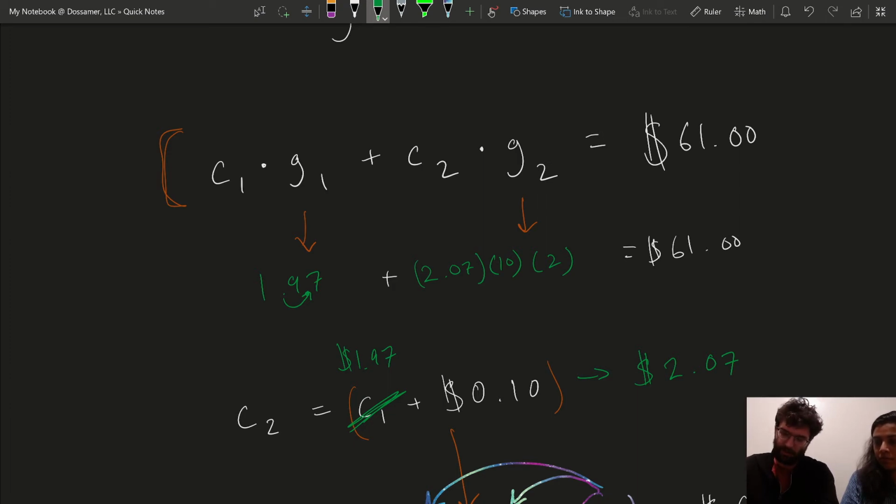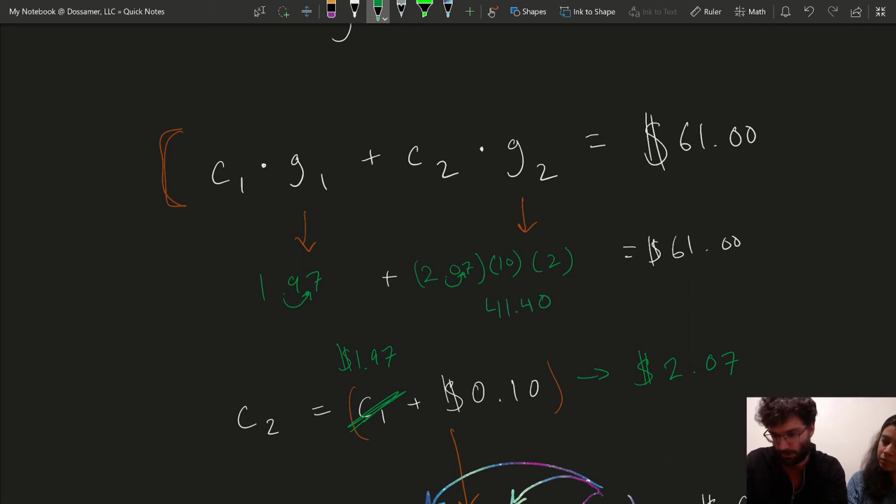You can do it in your head probably, but for people who can't, what I like to do is say 2.07 times 10, but then times 2. That way you keep the ease of just moving the decimal point and then you double it afterward. And that's the same thing as multiplying by 20, because of something called the associative property, which says the order in which we do things is up to us.